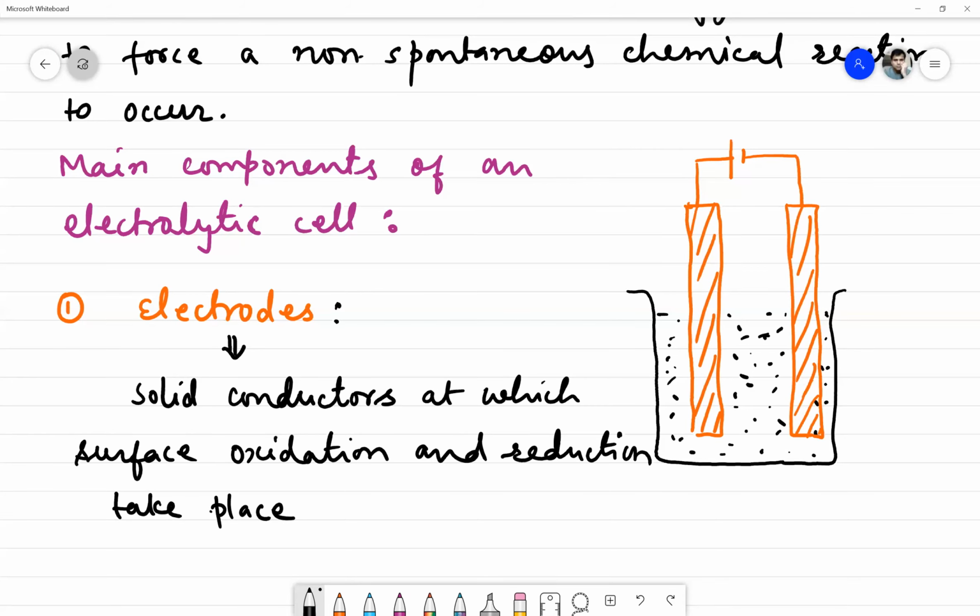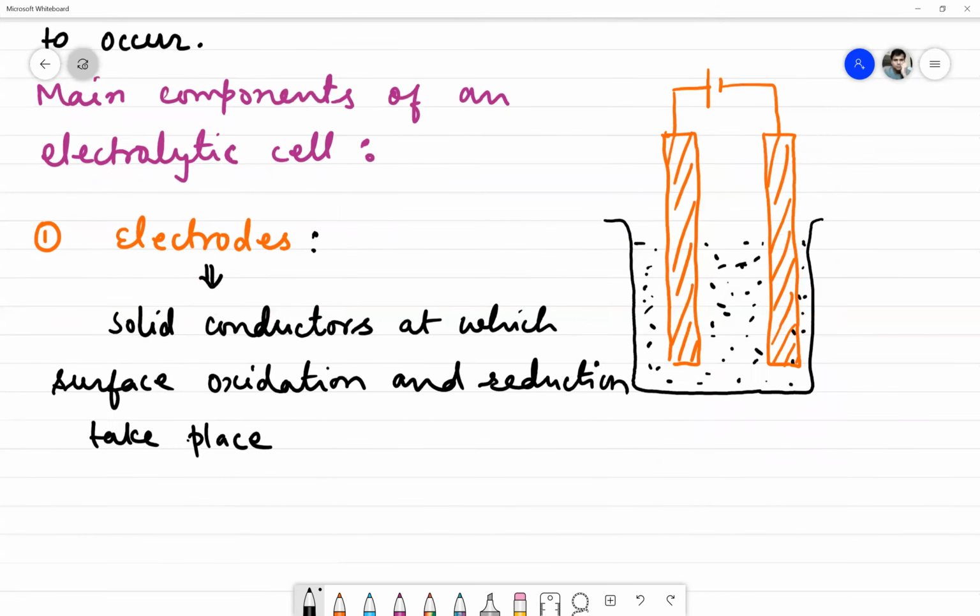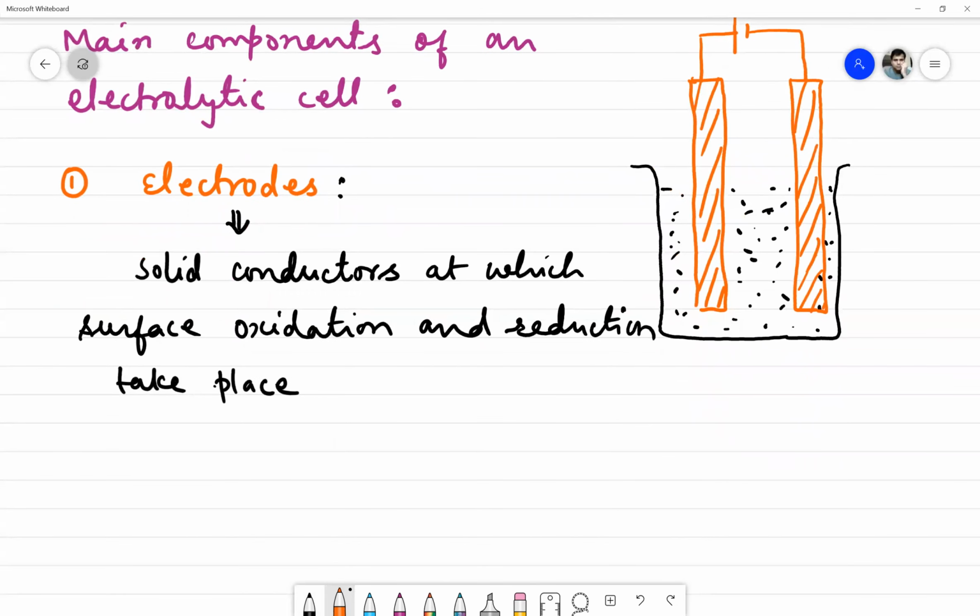As you know, these electrodes are of two types. One of them is called anode, another type is called cathode.